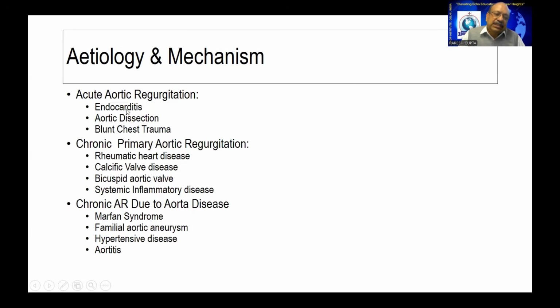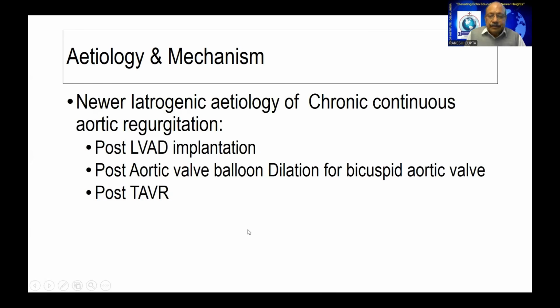Chronic primary: rheumatic is very common. Calcification is playing havoc as of today. Bicuspid aortic valve, systemic inflammatory diseases. AR due to aortic diseases like Marfan's, hypertensive disease, aortitis, familial aortic aneurysms.